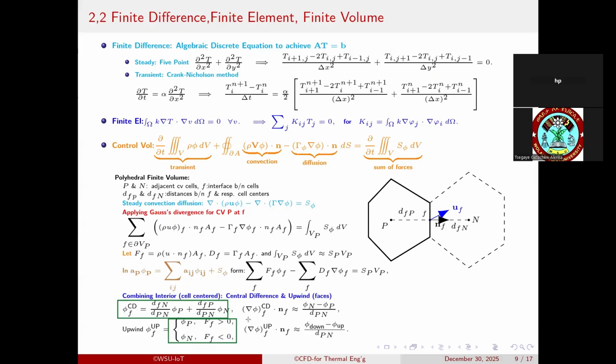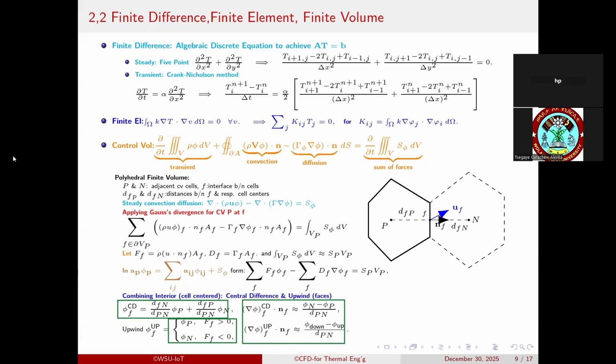Similarly, we see two-dimensional diffusion fluxes, cell-centered and vertex boundaries.